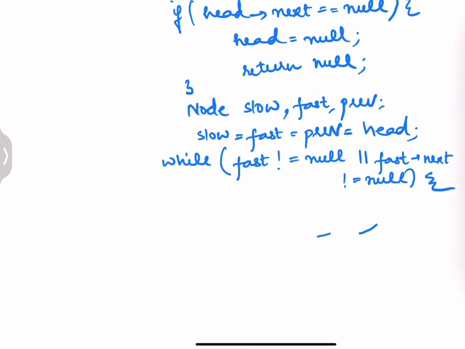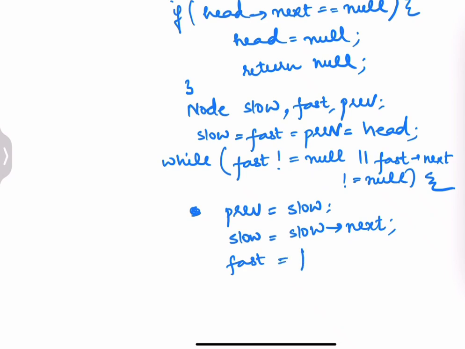If this condition is true, then before moving, we'll keep previous equals to slow. Then we will move the slow pointer: slow would be slow's next, and fast would be fast next next. So we have one pointer we are moving twice and one pointer we are moving once. Okay.